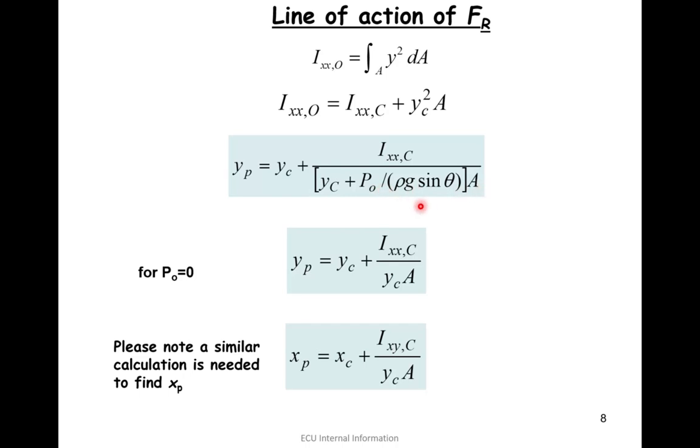Sometimes if we ignore atmospheric pressure, this term would be 0, and the equation can be simplified in this form. Remember, that's the equation we can use to work out yp based on what we explained so far.